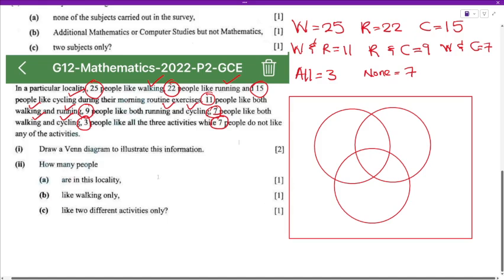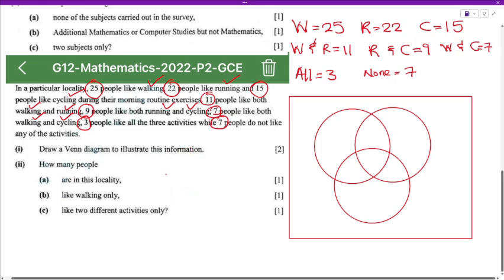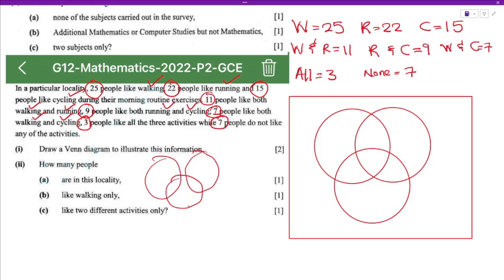Let's say you have 2 sets, and then maybe something different, something like this, meaning there's no common intersection for all these three sets.